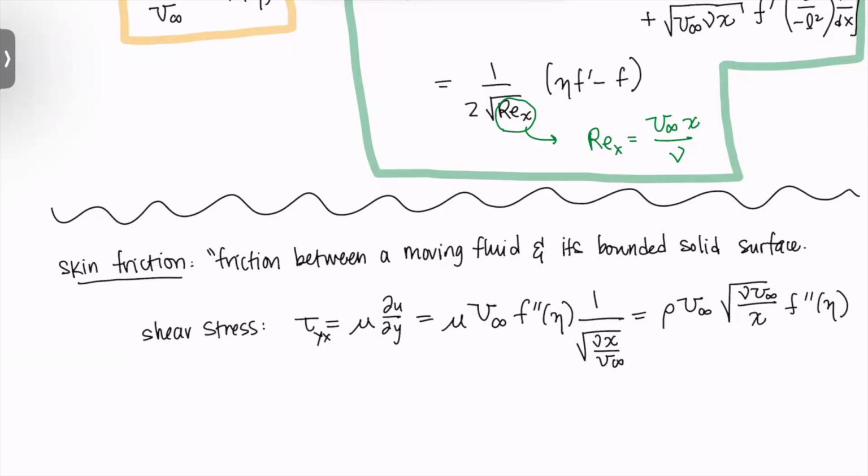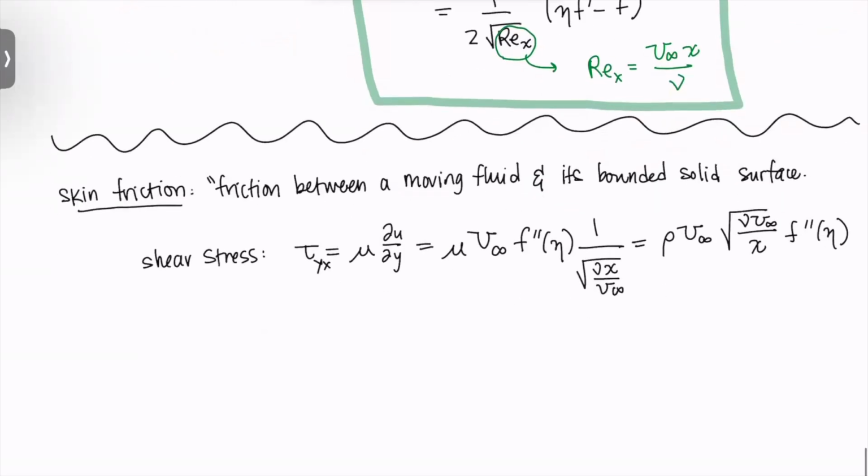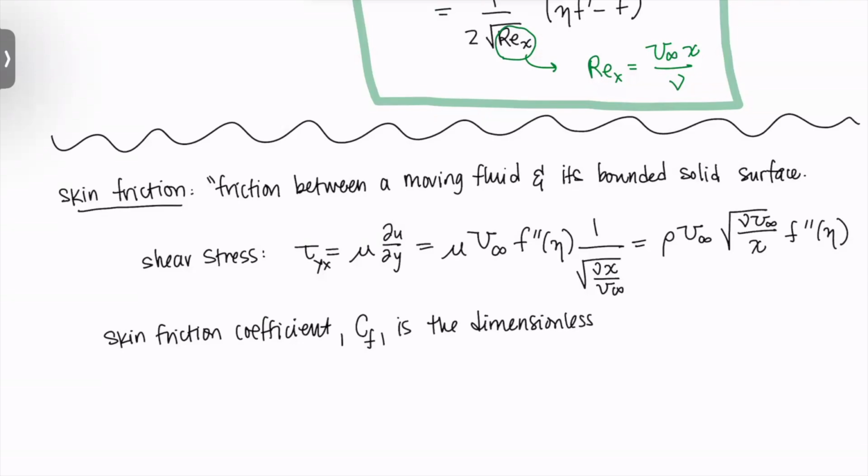Okay. All right. And so it turns out that the skin friction coefficient, which is called CF, is a dimensionless shear stress on the wall.